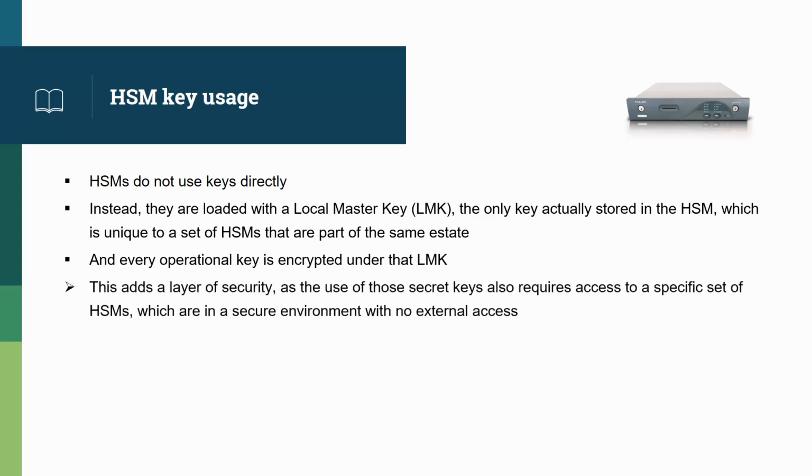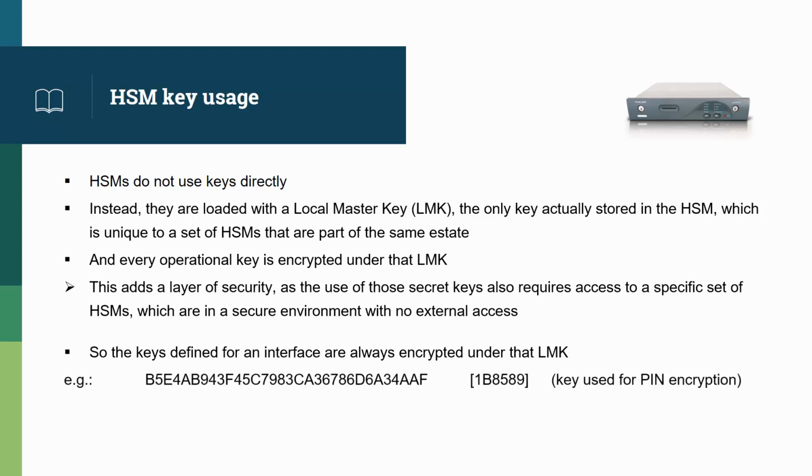This adds a layer of security, as the use of those secret keys also requires access to a specific set of HSMs, which are in a secure environment with no external access. So the keys defined for an interface are always encrypted under that LMK. Let's go back to our example of the double-length triple-DES key with KCV 1B8589, and let's say that the key is used for PIN encryption.